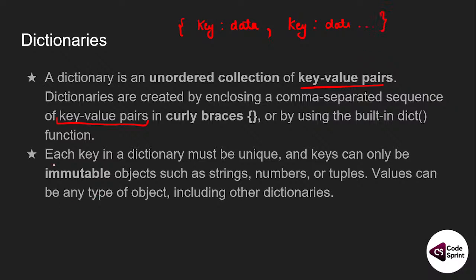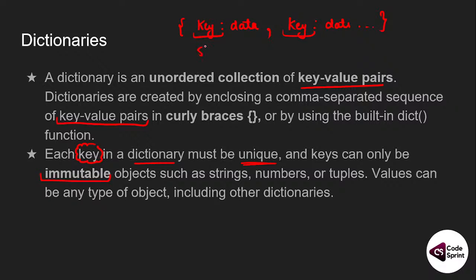Every key should be unique. We can't assign the same key twice in a dictionary, and keys can't be changed, that means keys are immutable.